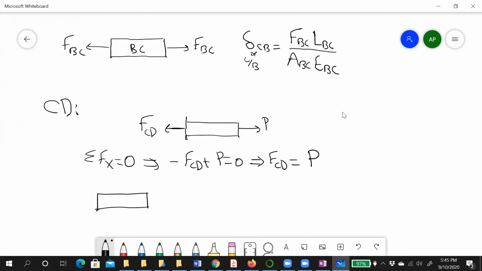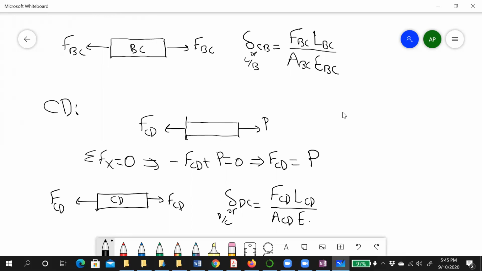This segment is FCD. This is segment CD. FCD, we already have it. And then delta DC, or D with respect to C, any index you can use, that's fine. FCD, LCD, ACD, ECD.